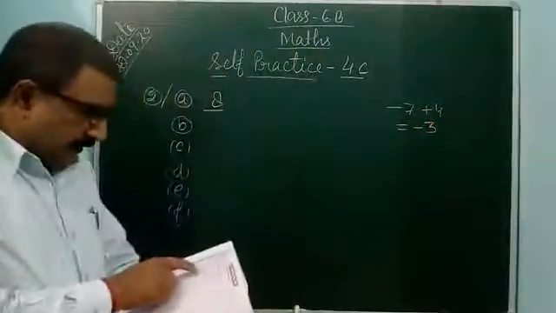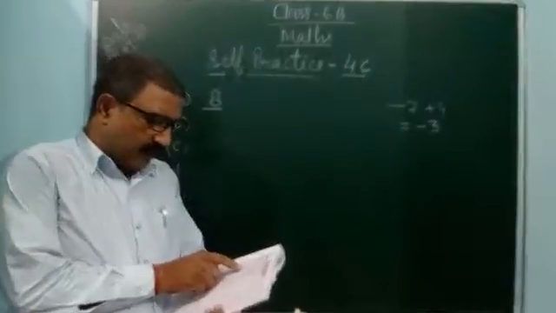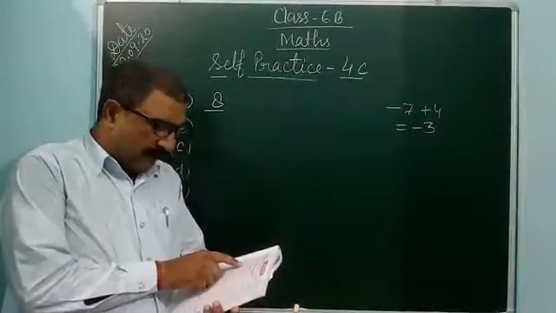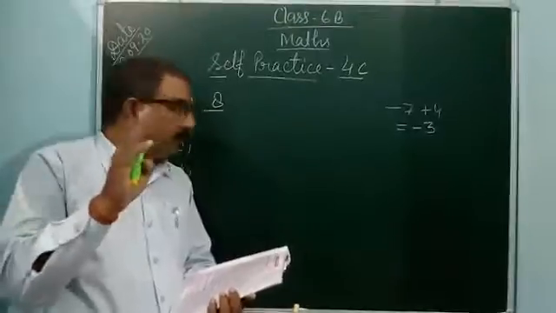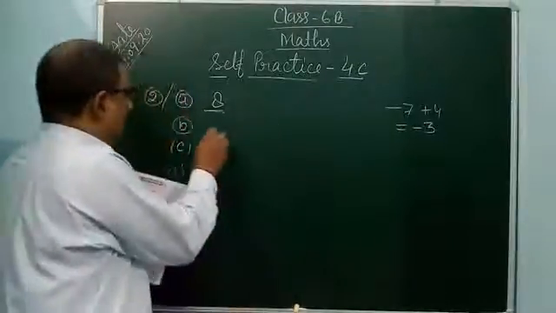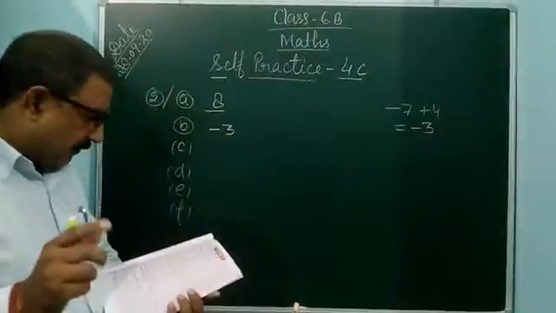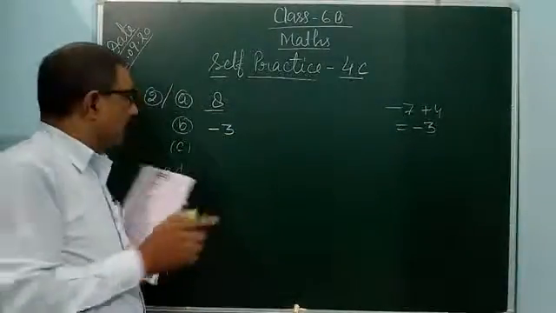You can see 3 gaps are there. From 0 to minus 1, 1 gap. Minus 1 to minus 2, 2 gaps. Minus 2 to minus 3, 3 gaps. So minus 7 plus 4 means minus 3. There are 3 gaps, 0 to the left side. It means minus 3.